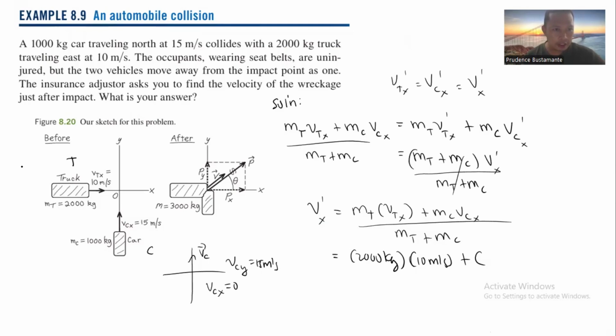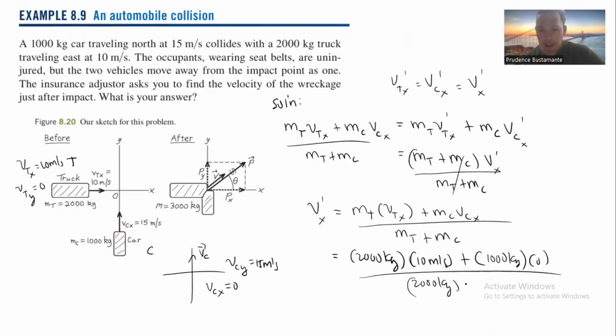In this particular case, the velocity of the truck along x is equal to 10 meters per second, and the velocity of the truck along y is 0. So here we have 1,000 kilograms times 0 over 2,000 kilograms plus 1,000 kilograms.